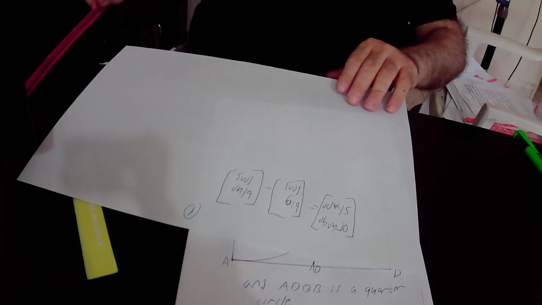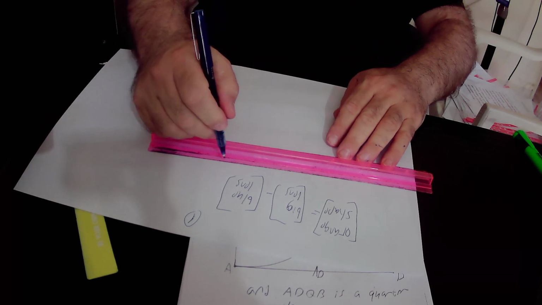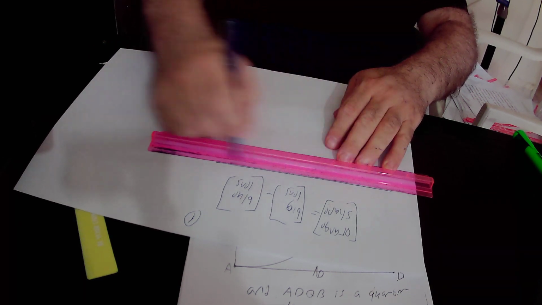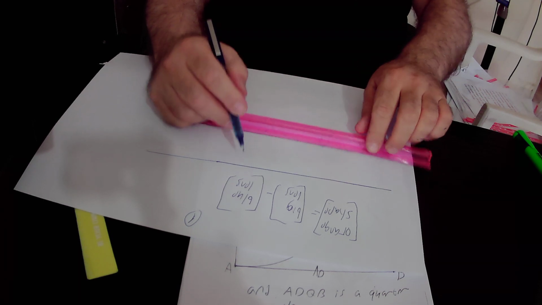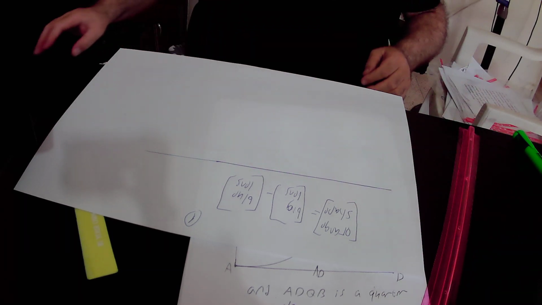I'll repeat again. The area of the orange shape equals the area of the big lens minus the area of the blue lens.